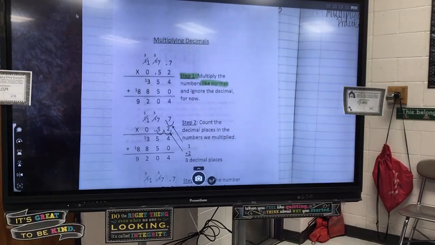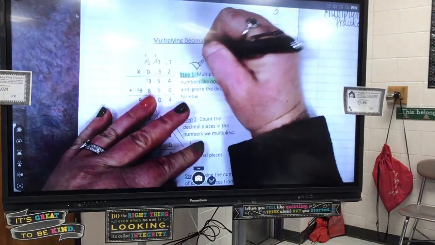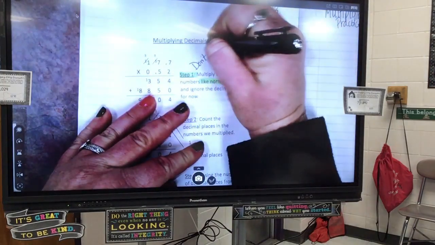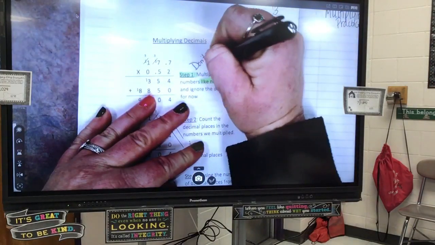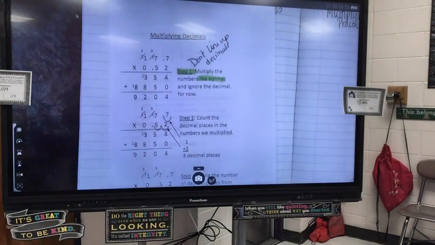You don't line up the decimals. So you're just doing multiplication, just like you normally would.